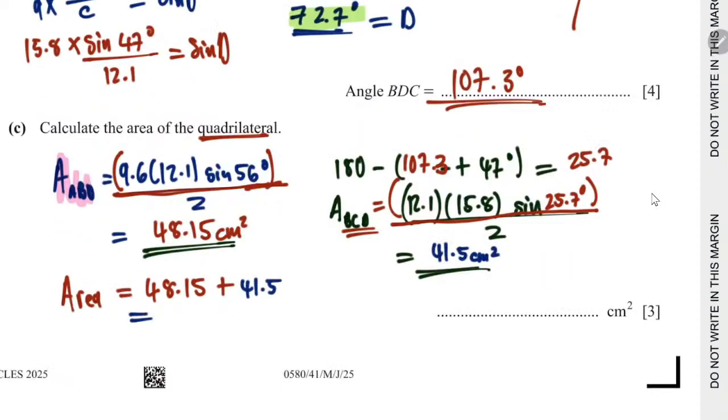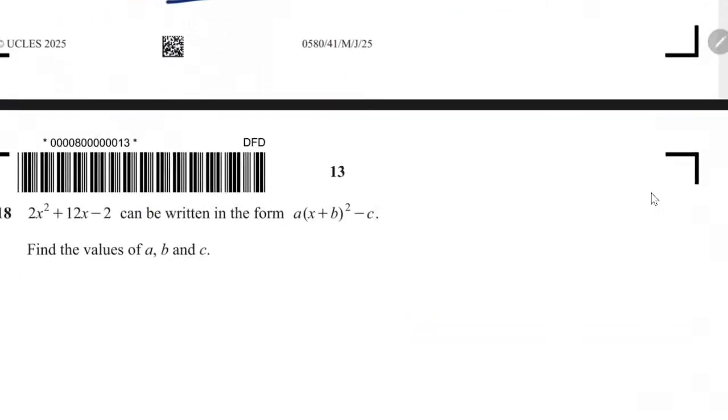Okay. So now add them. What does this become? Okay. 89.7. You're done. So, triangles, really?